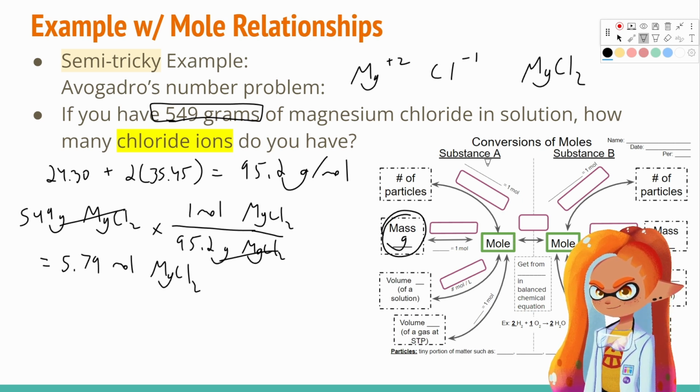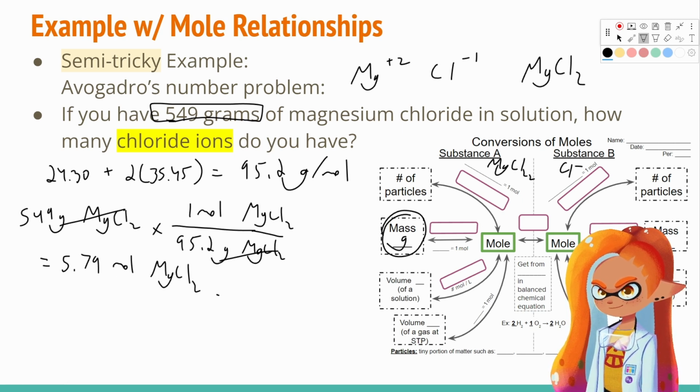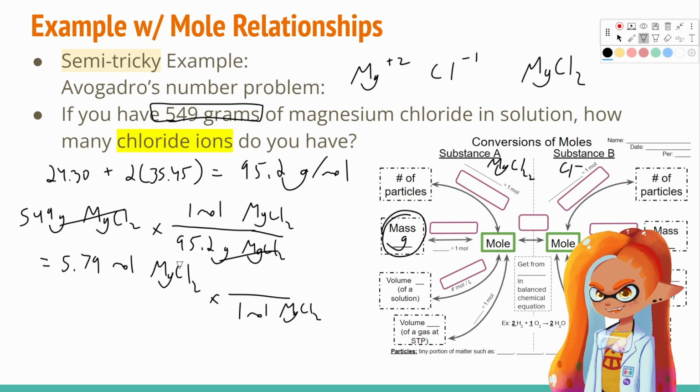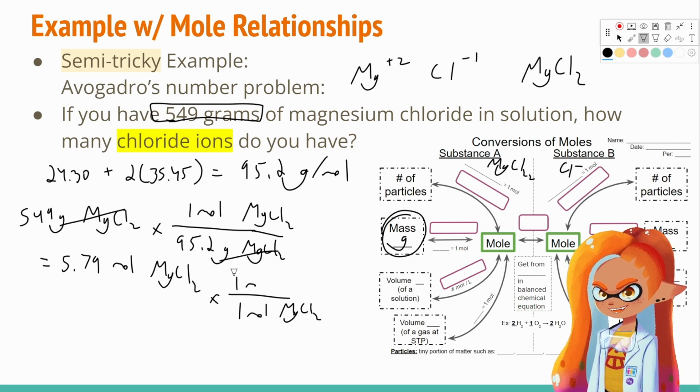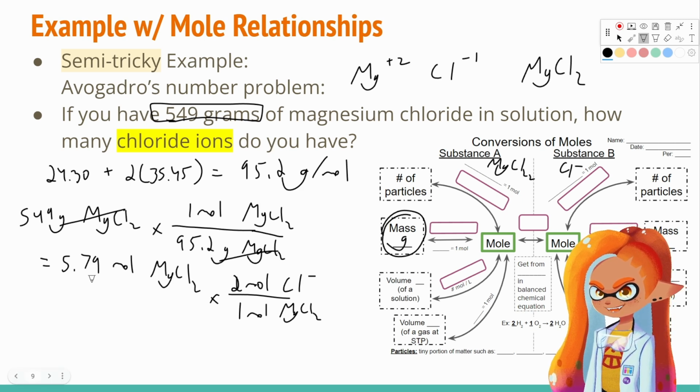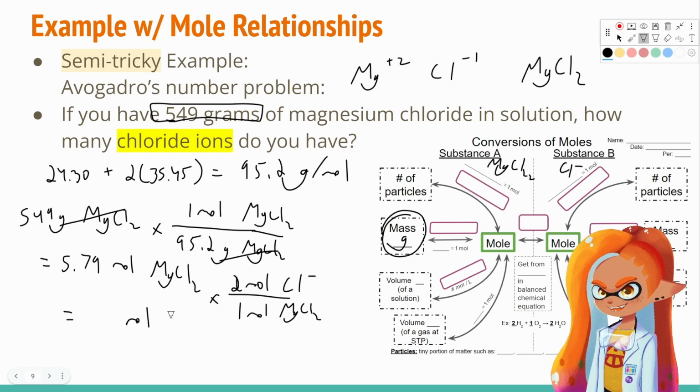I'm going to say that substance A is magnesium chloride and substance B is just chloride ions, just to emphasize kind of a mole ratio, except not with a balanced equation. For every 1 mole of MgCl2, because that is substance A, how many moles of chloride ions do I have? I look at the formula. For every 1 mole of this, I have 2 moles of chloride ions. So I'm going to put 2 moles of chloride ions. And so I'm going to take that value, multiply it by 2, and then I will get my answer in moles of chloride.